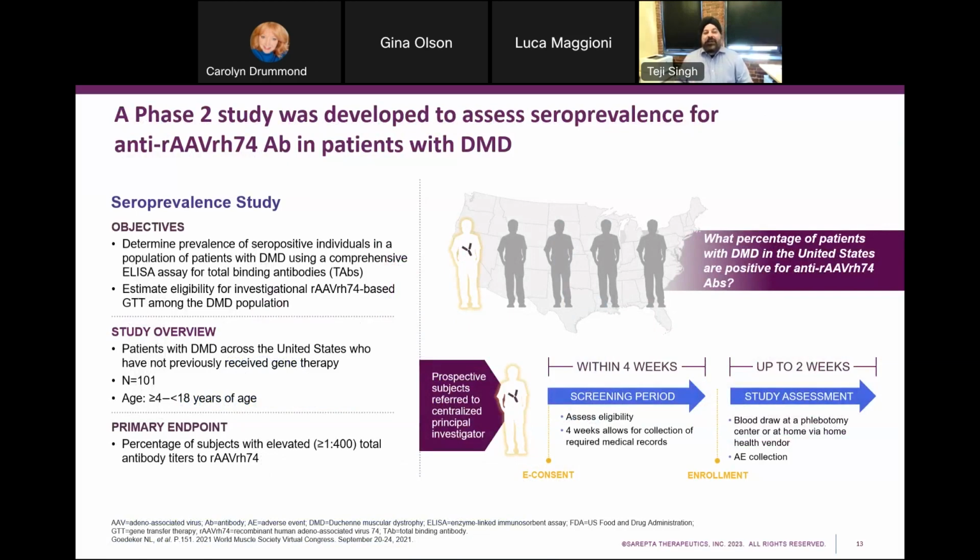So this was a study of 101 boys that were 4 years up to 18. These boys had a single blood draw done, either at home or at a local lab. And then we analyzed the blood for the presence of antibodies, with an endpoint being the percentage of patients with a titer greater than or equal to 1 in 400.